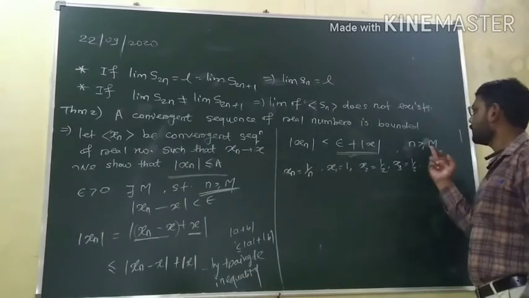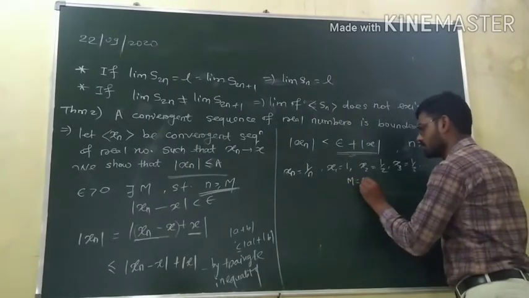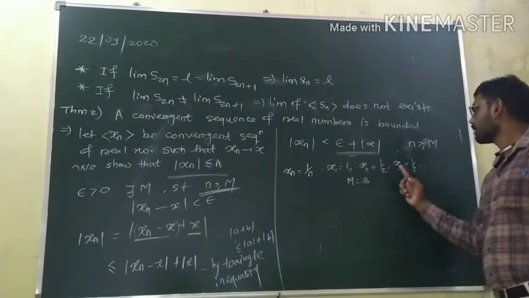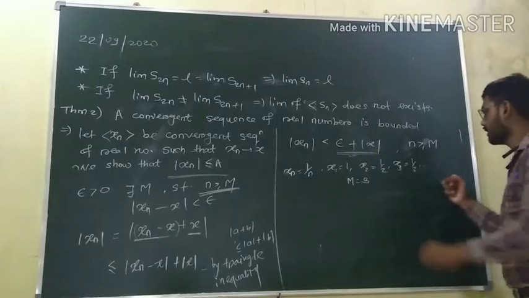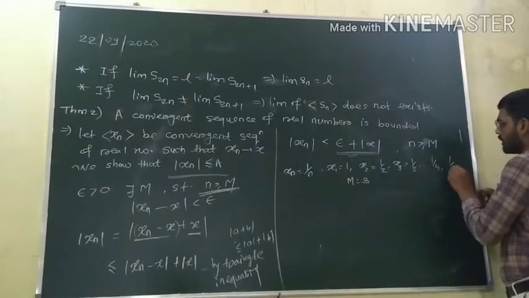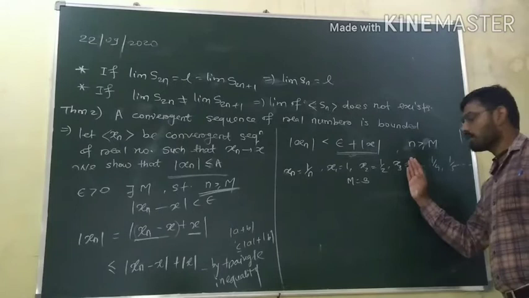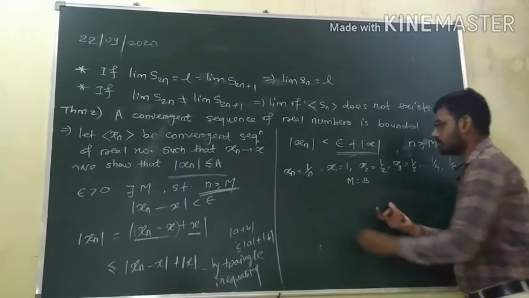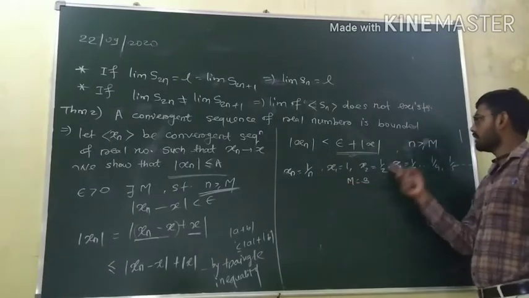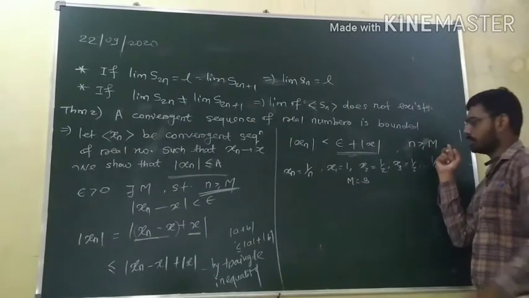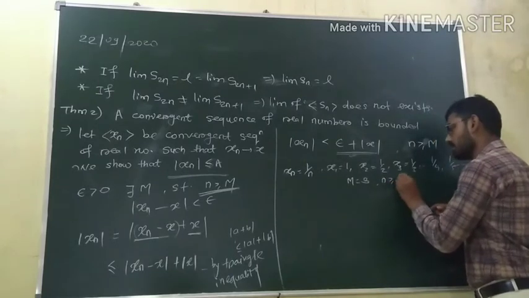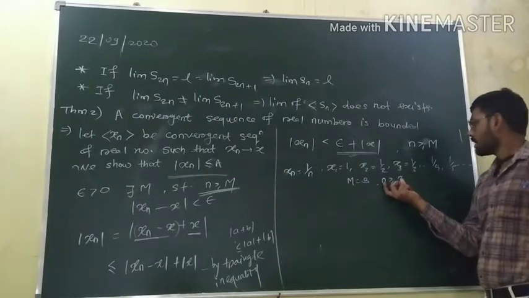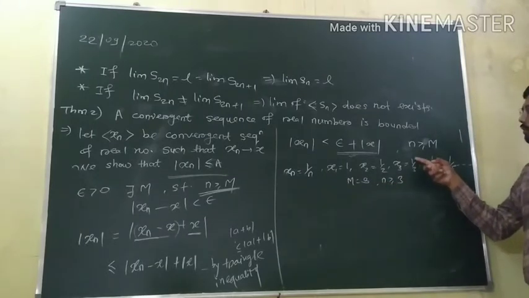Now if we take m equal to 3, after the third term x3 equal to 1 by 3, then come 1 by 4, 1 by 5 and so on; the terms keep decreasing. So take m equal to 3, and take n greater than or equal to m. Whenever n is greater than or equal to 3, all the terms are less than 1 by 2.